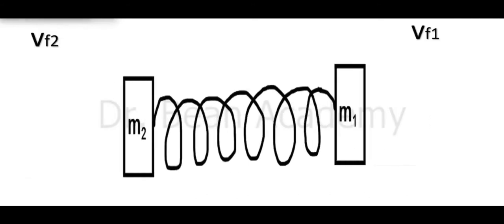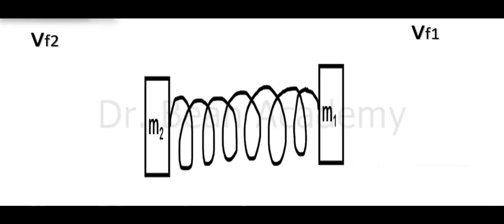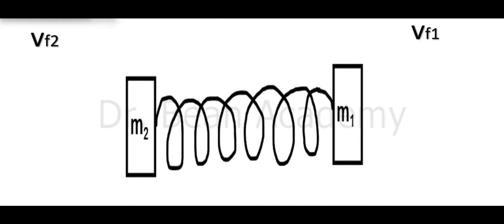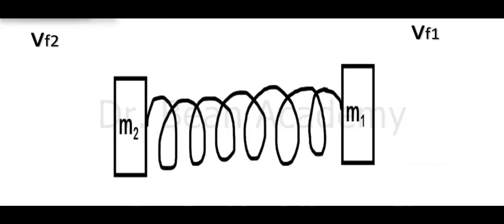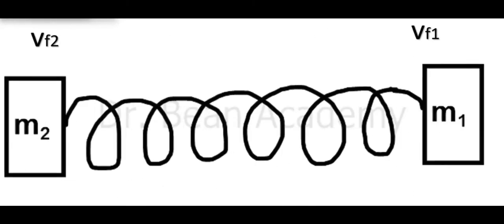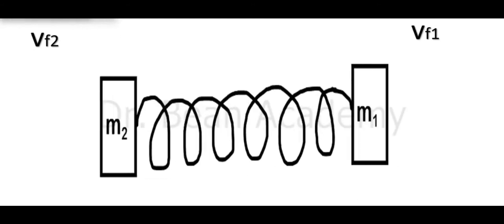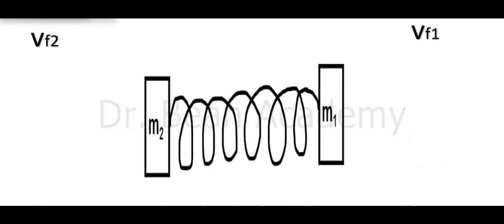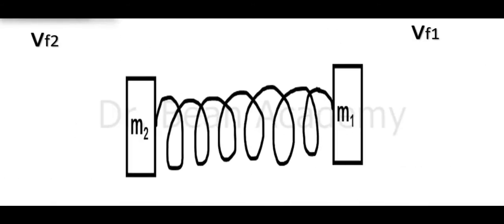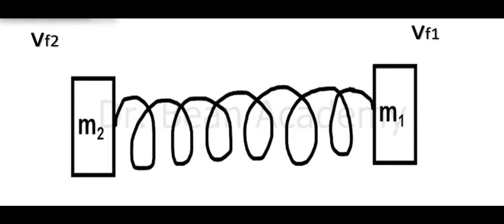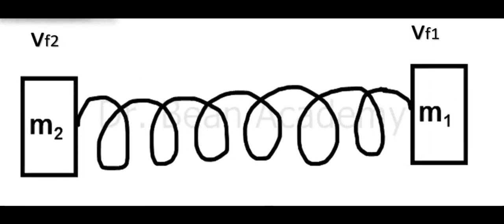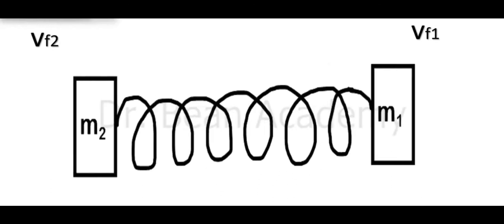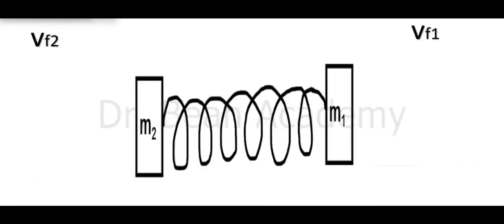And then once again the spring will be compressed, and because of the compression it will expand, and because of the expansion it will compress. So a motion like this will go on indefinitely. It will never stop in our situation because we are ignoring frictional forces and the spring is ideal. There is no dissipation of energy, so the motion will remain like that.